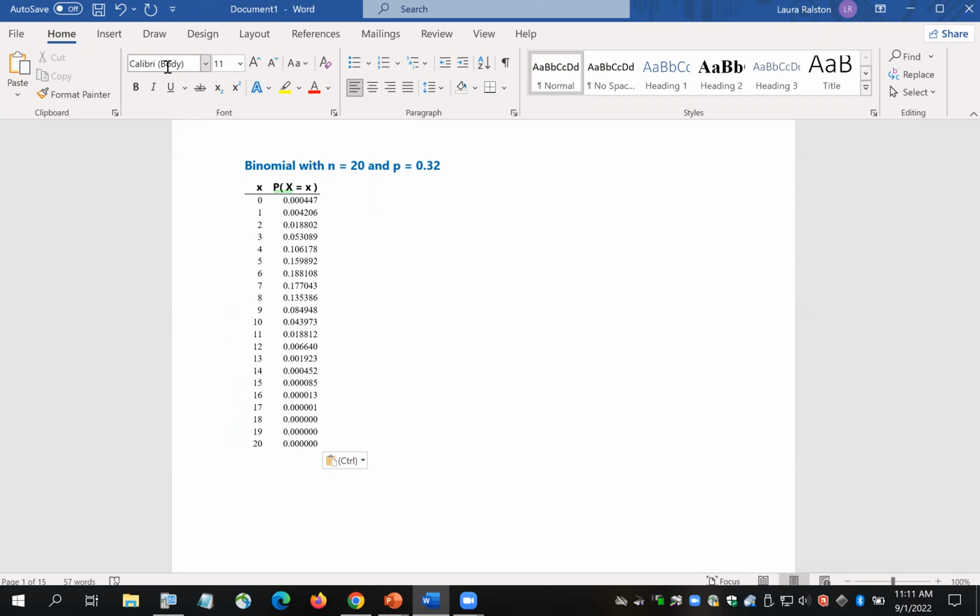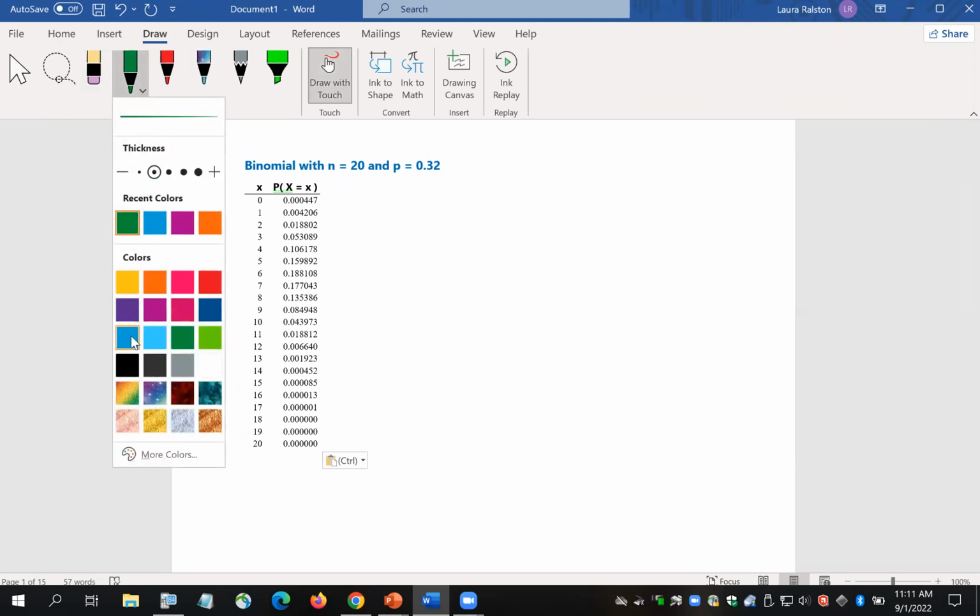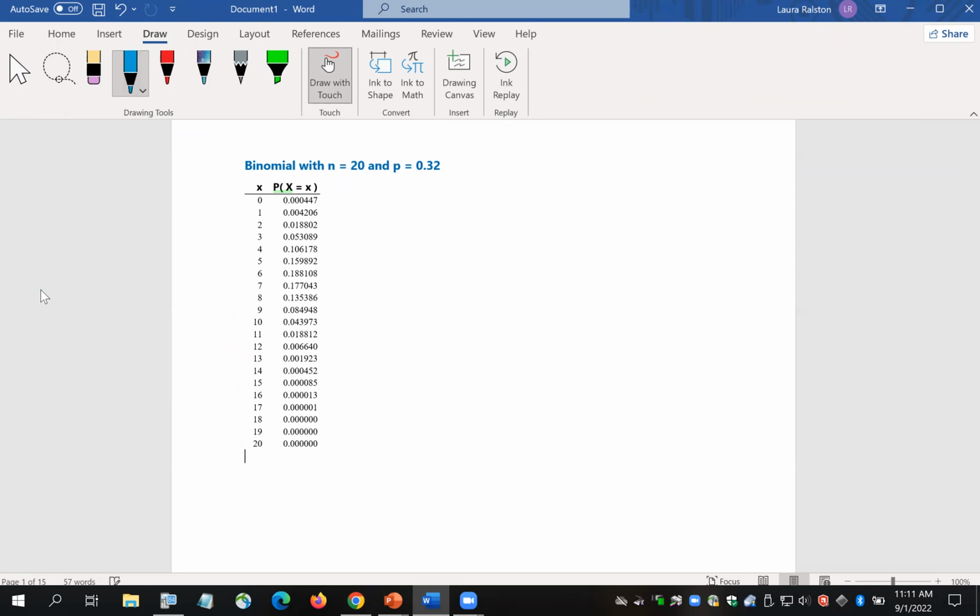Okay. So the first question that we were asked in relationship to this was, what's the probability that X equals 15? Now it has it in this case in symbols as opposed to words.